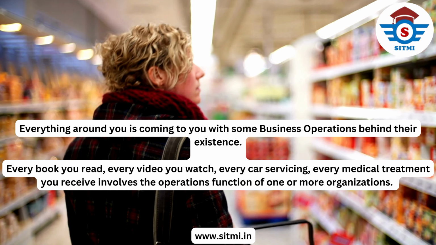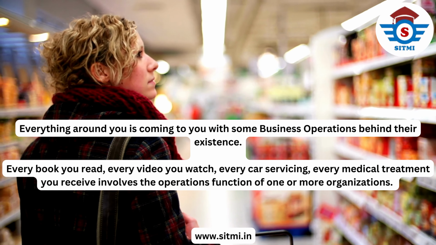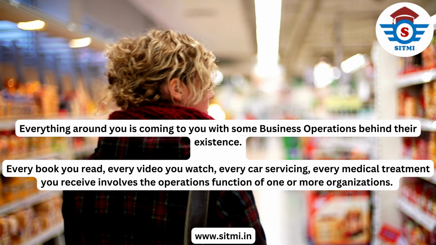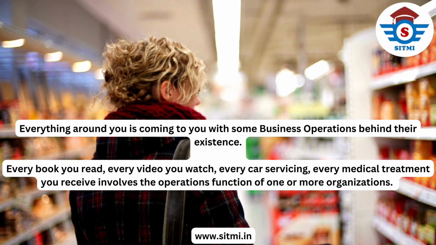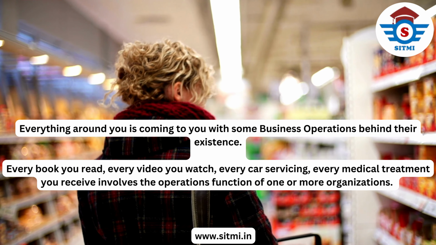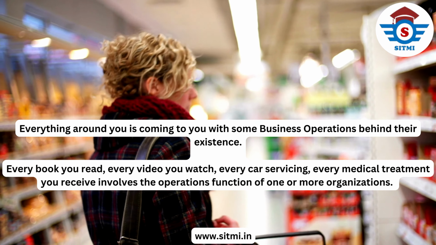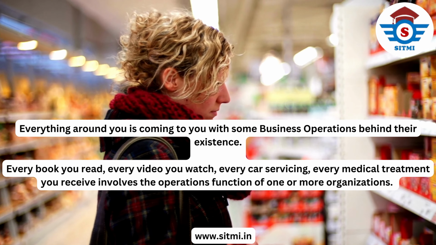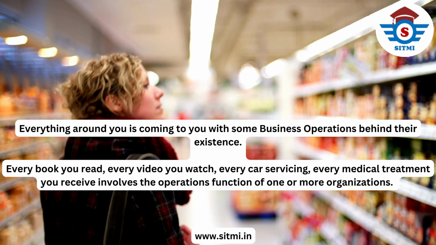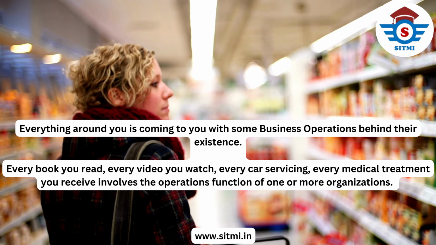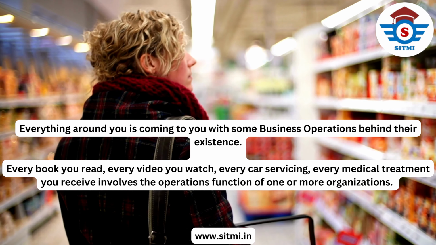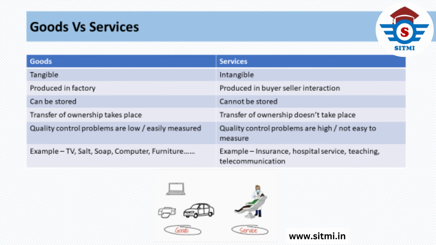Any book that you read or any movie that you watch, your car servicing, your medical treatments, or your computer, everything that you see is coming out from certain business operations as a fundamental behind its existence. Now we have seen there are two outputs of business operations: one is goods and second is services. So let's quickly understand the difference between goods and services.